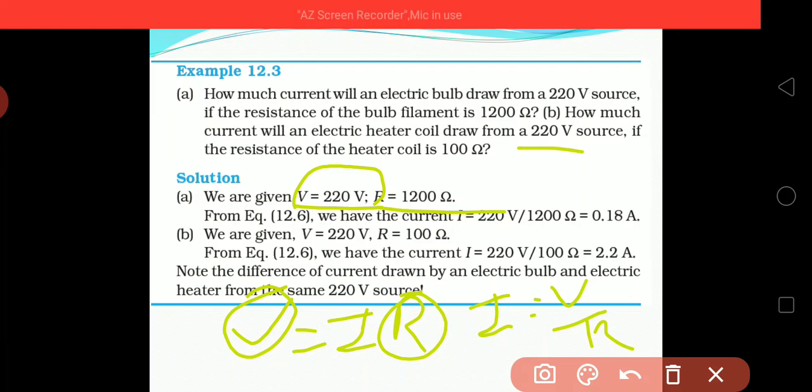We will get I is equal to 0.18 ampere. So our current will be 0.18 ampere.